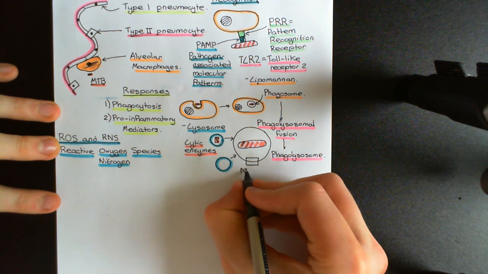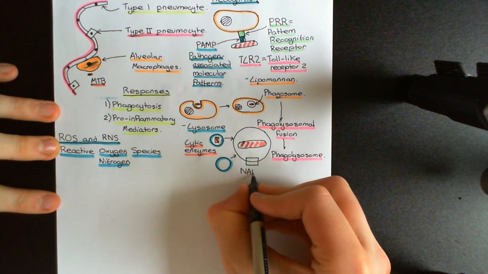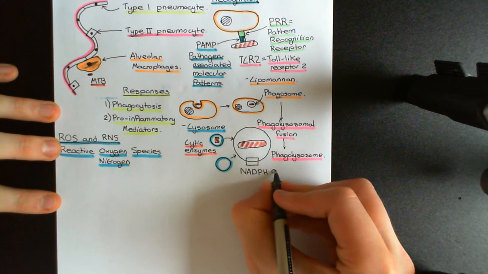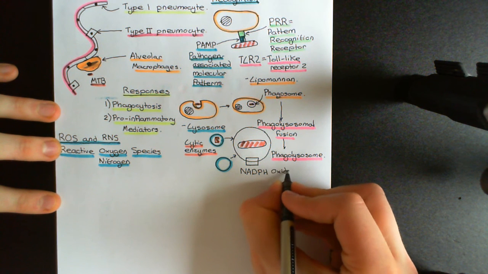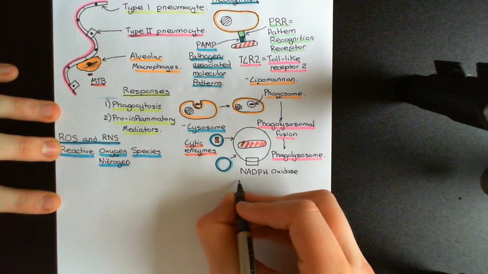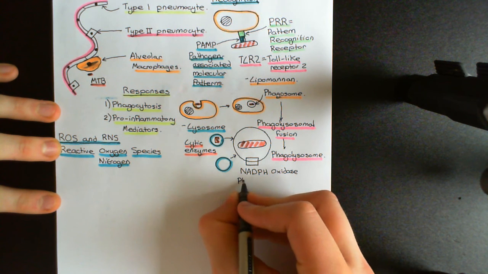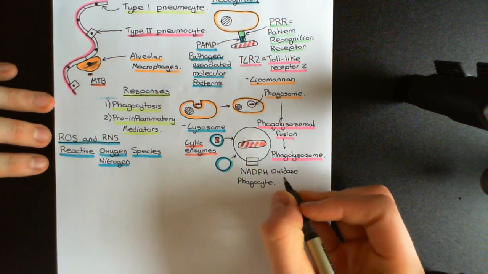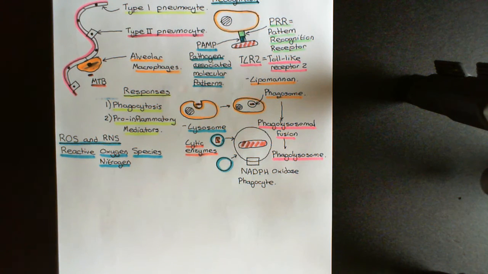This enzyme complex is known as NADPH oxidase. NADPH oxidase is also called phagocyte oxidase, so either of those names can be used for it.